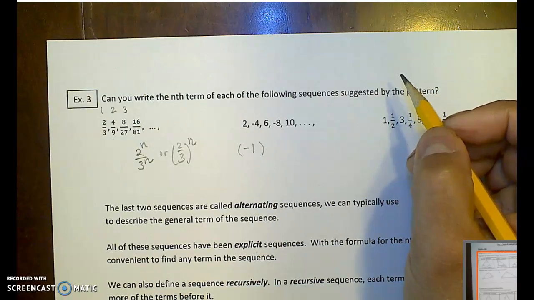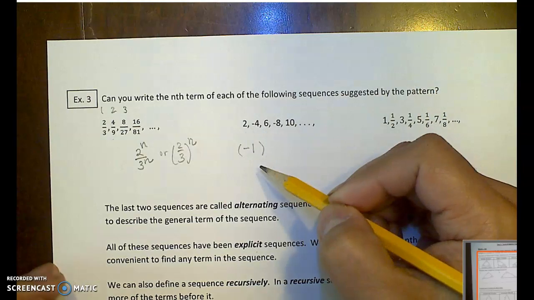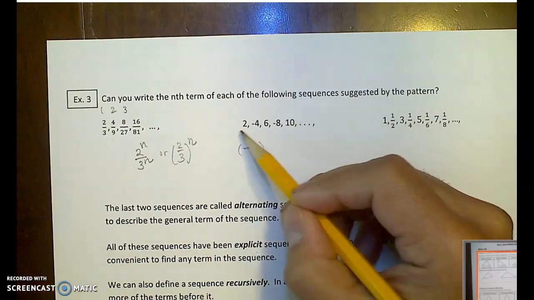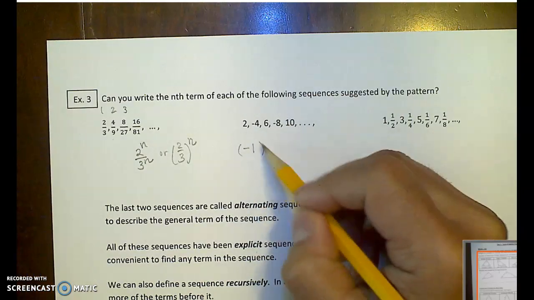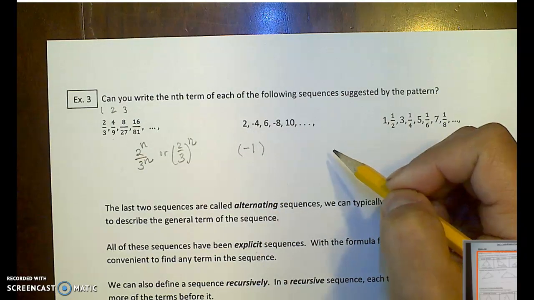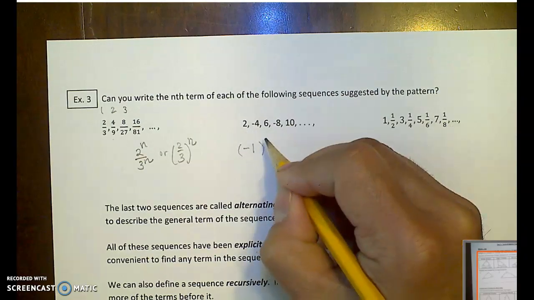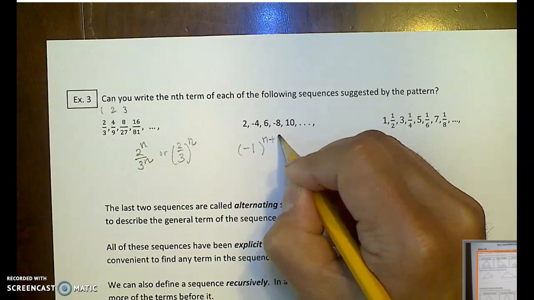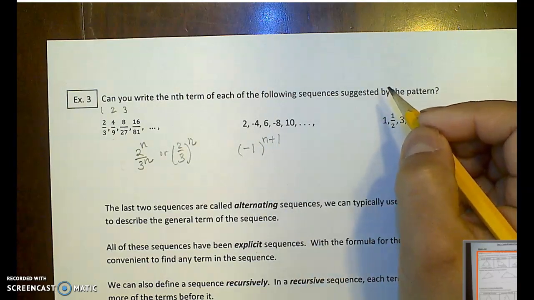Because in order to change a positive to a negative, you've got to multiply by -1. But because it's alternating from positive to negative, we want to be able to change that negative value to a positive value, and the way we can do that is by attaching an exponent. So for this one, we're going to attach an exponent of n plus 1.